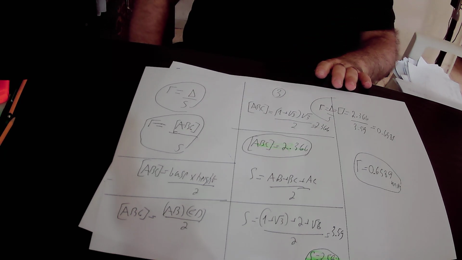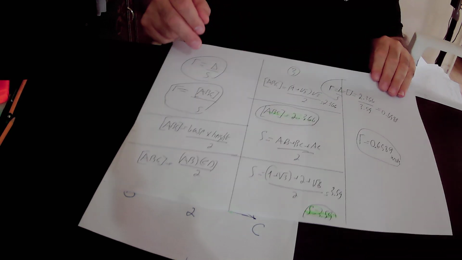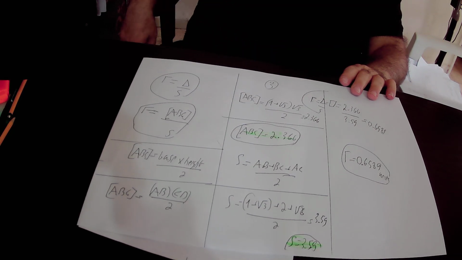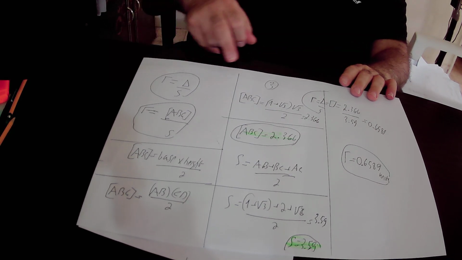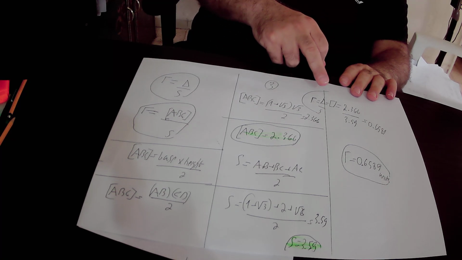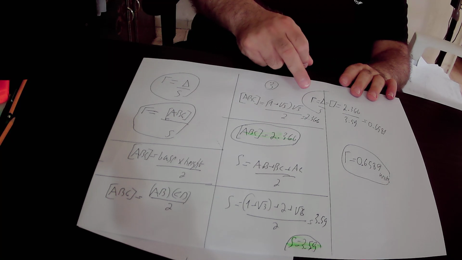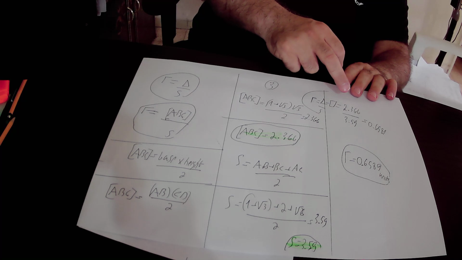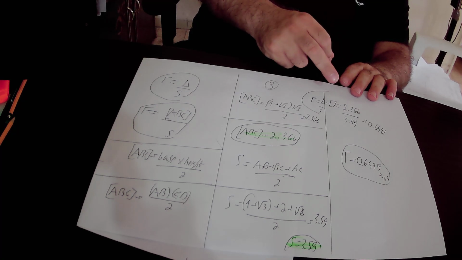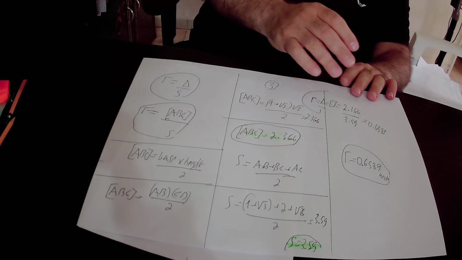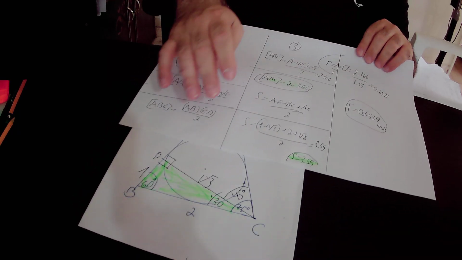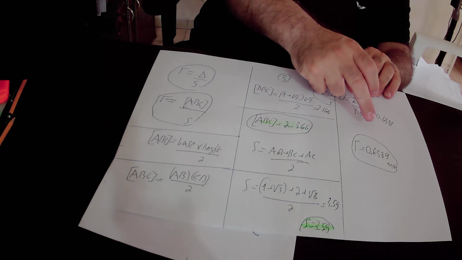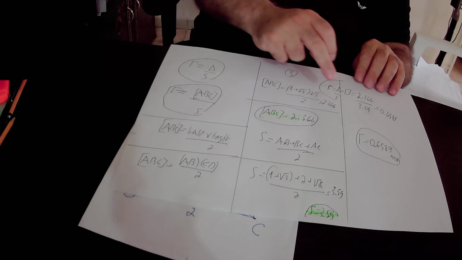Therefore, the radius of this circle described by triangle ABC will be equal to the area of triangle ABC, that is 2.366, over the semi-perimeter, that is 3.59. 2.366 over 3.59 equals 0.6589 units. So we found that the radius of this circle equals 0.6589 units.